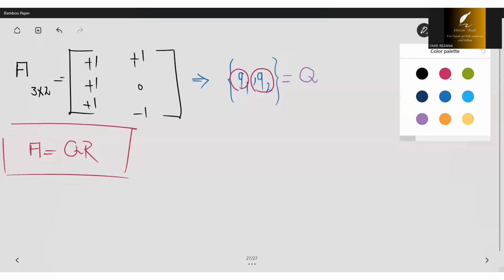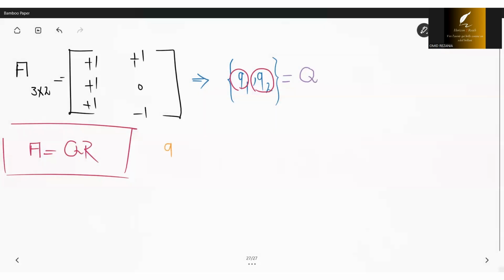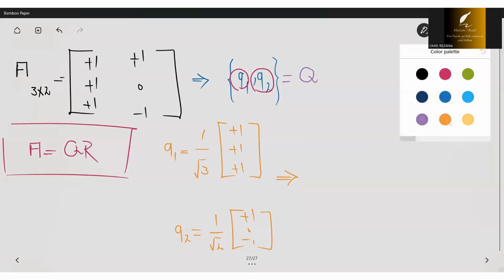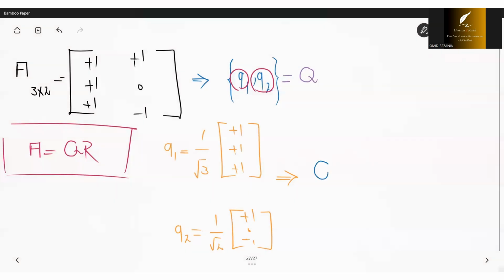Then I'm just going to write it. Look at that. What we had, Q1, was 1 over the square root of 3 times +1, +1, +1. Q2 was 1 over the square root of 2 times +1, 0, -1. Then, as a result, the matrix Q, I'm just going to put these two together.